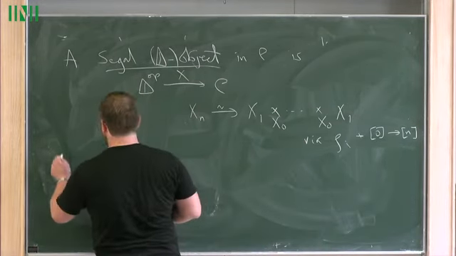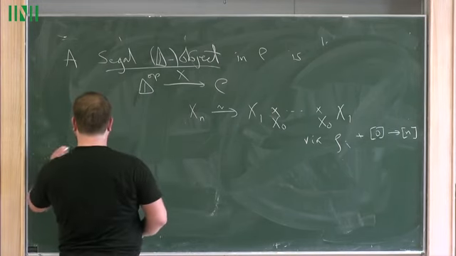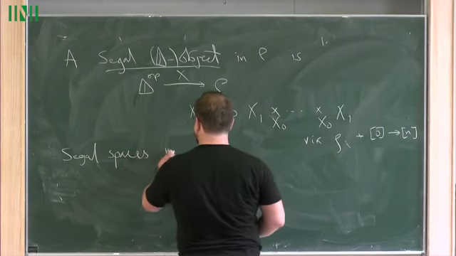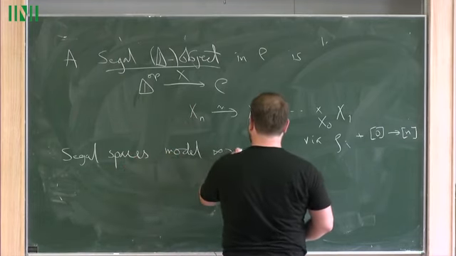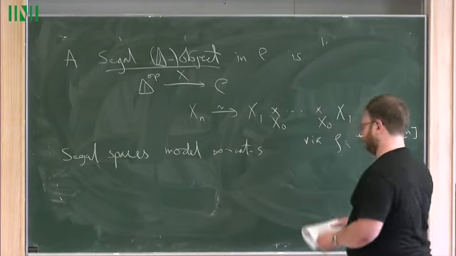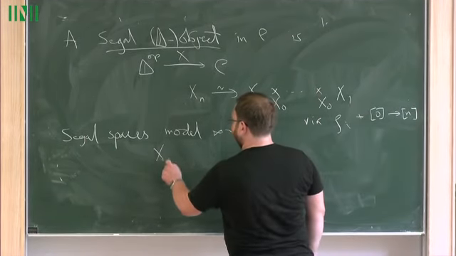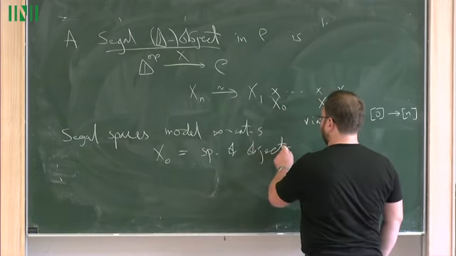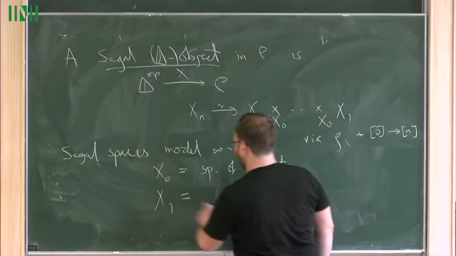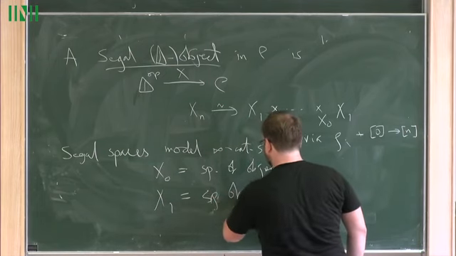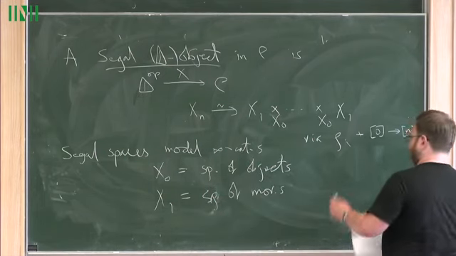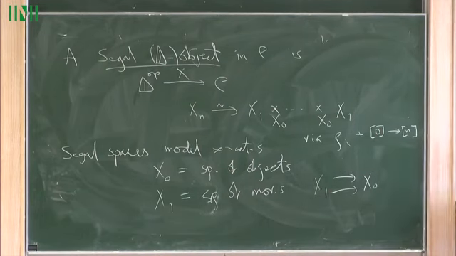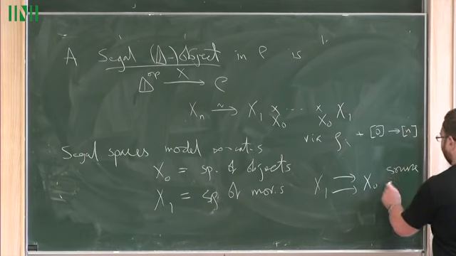Of course, if we take C to be spaces, then Segal spaces are a good model for infinity categories. We think of X0 as being the space of objects, and then X1 as the space of morphisms. It has two face maps to X0, which give you the source and target of the morphisms.